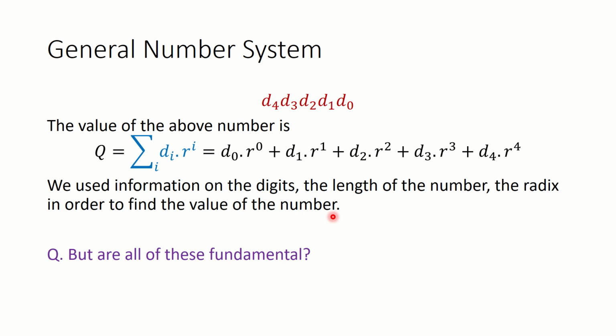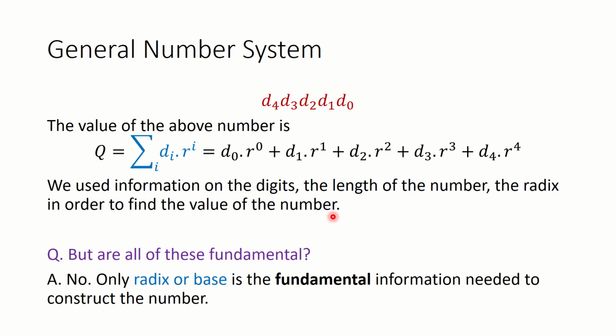If one is related to another, then one of them is fundamental and the other is a derived quantity. So, I hope you have a conceptual clarity about what are fundamental information or fundamental quantities and derived quantities, similarly fundamental information and derived information. But are all of these fundamental?